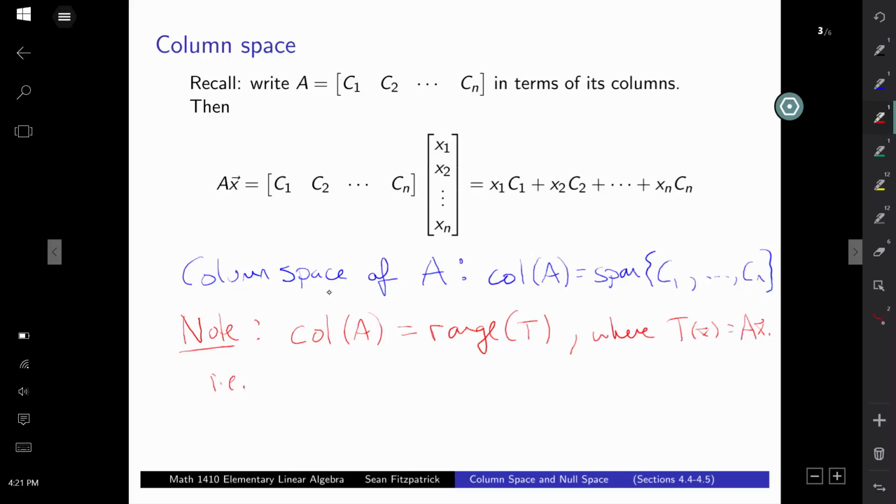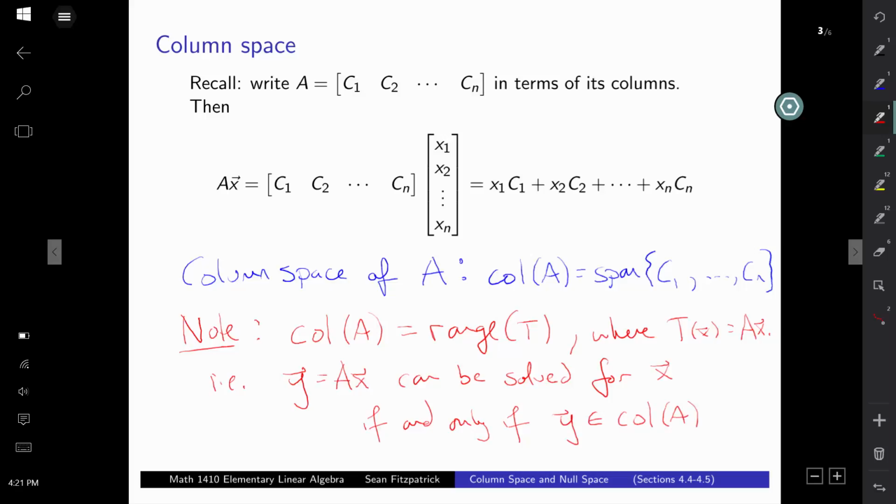So in other words, this equation y equals A times x can be solved for x if and only if y is in the span of the columns, if y belongs to the column space. Okay, right? And we can see that up here.